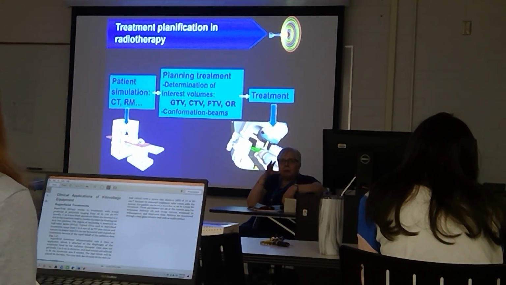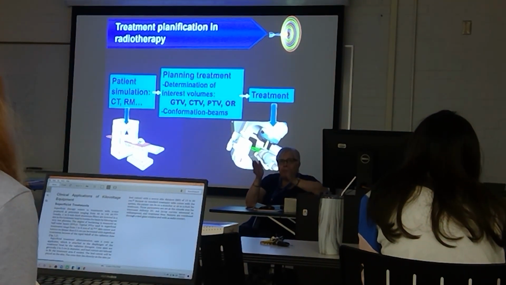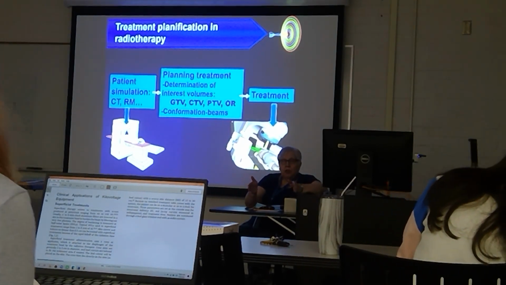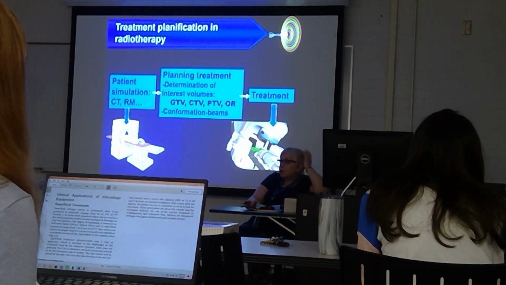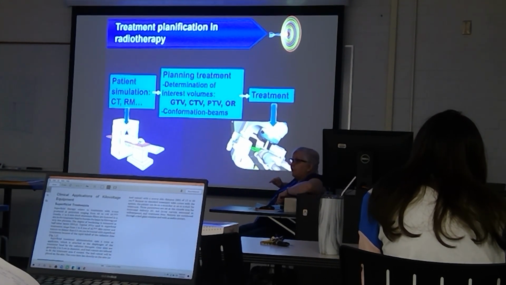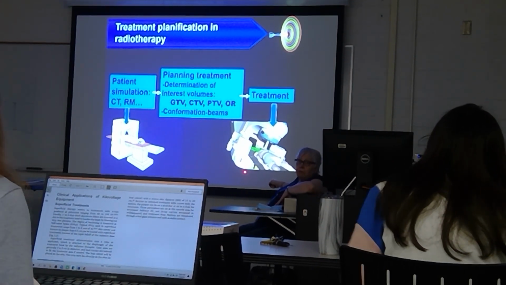The idea with KV imaging and with IGRT is that you have to image the patient on the treatment machine in the treatment position. So anything where you have to move the patient off or on doesn't work. What else is there on the treatment machine that you could use for imaging? Your MV imager.